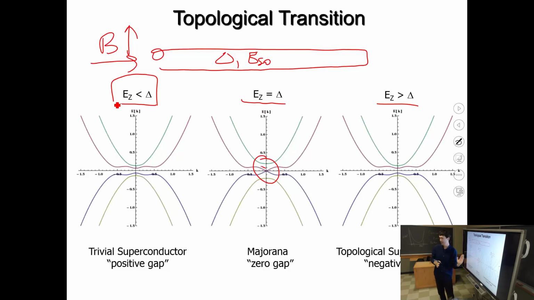Then right here in the middle there will be one point in the entire infinity where Ez is equal to delta. And at this one point, due to this Dirac cone spectrum, there will be a stable level at E equals 0, and it will contain a Majorana fermion.